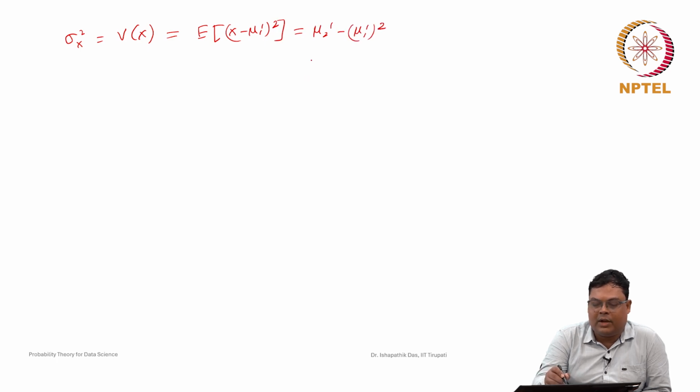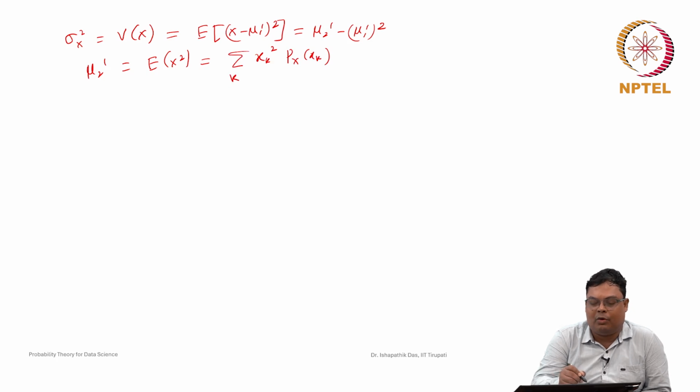Now, what is mu 2 dash? Mu 2 dash is nothing but the expected value of x square. By definition, the expected value of x square is the summation of x square p x of x, summed over the range. Here x goes from 0 to infinity, so this is the summation for x equal to 0 to infinity of x square p x of x.